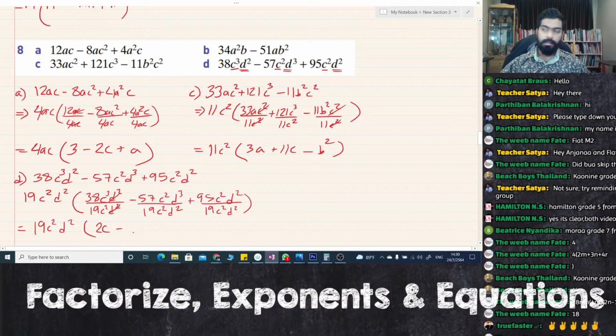Minus 57 over 19 is going to give us 3. Now this c square and c square is going to simplify itself, which is going to leave us with d. And finally, plus 95 over 19 is going to give us 5. c square will simplify, d square will simplify. So this will be our final answer.